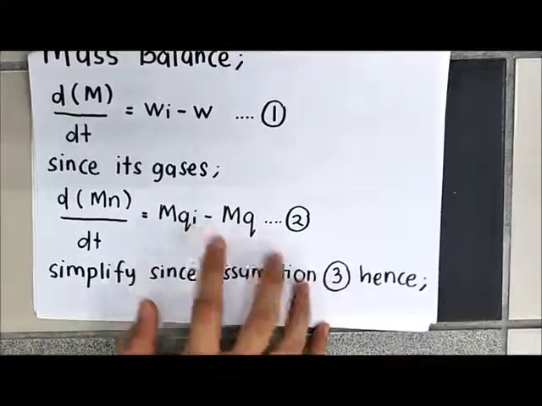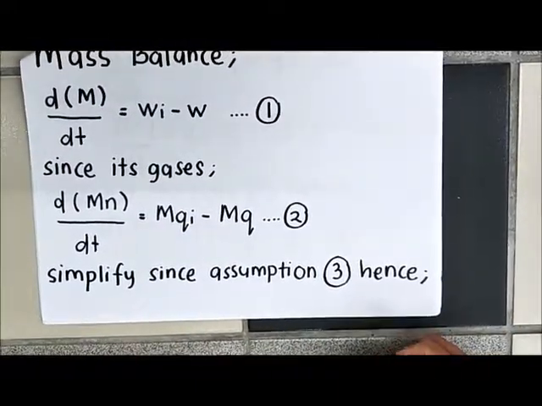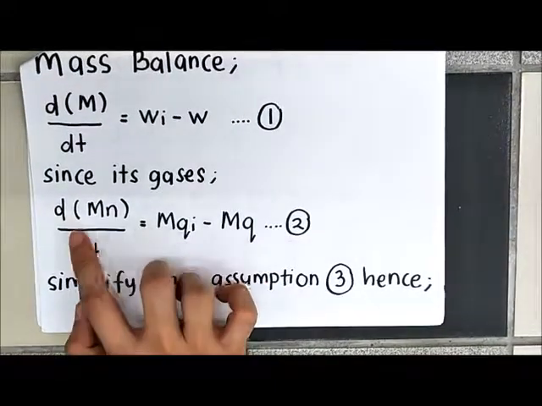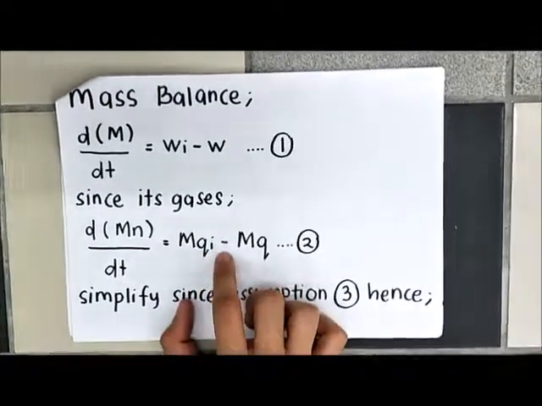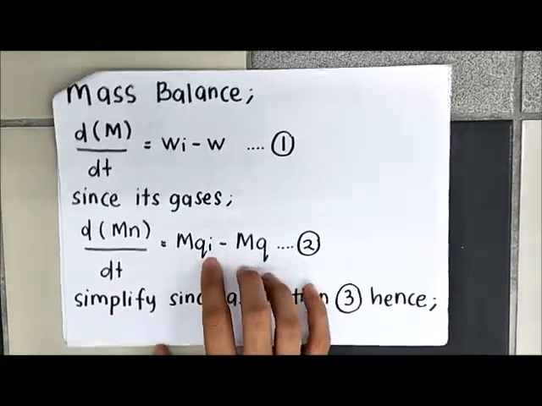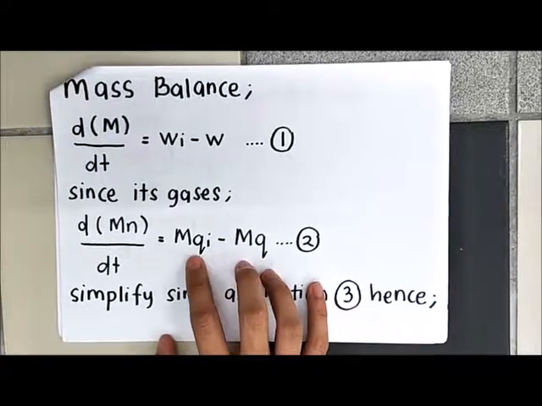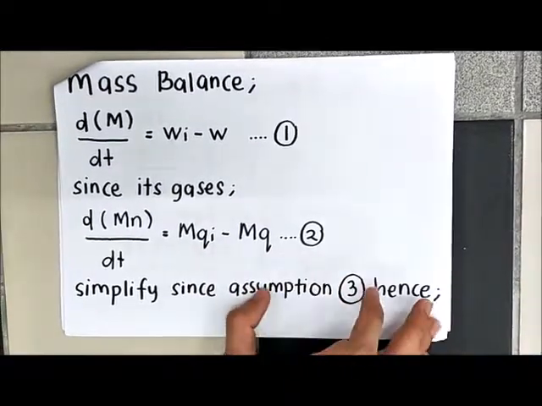Since it is gas, we have to solve it in terms of number of moles. So M dn over dt is equal to M Qi minus M Q. Q is the molar volumetric flow rate in minus molar flow rate out.